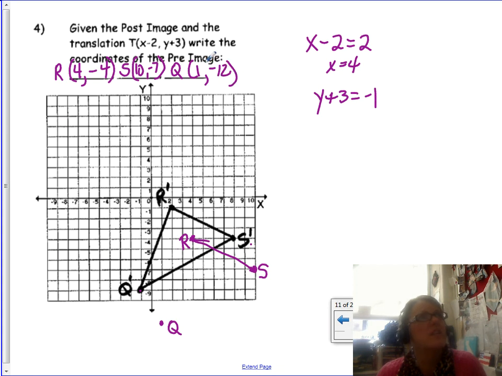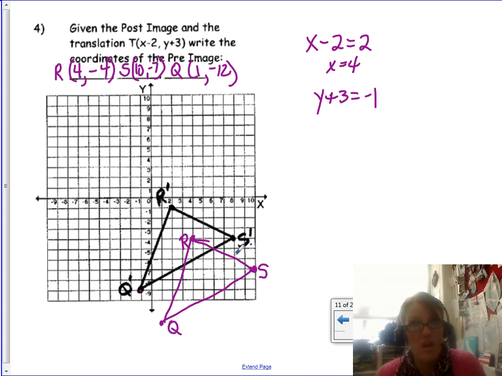And let's try it. If I put in a 1 and subtract 2, I get -1. And that's this point. Yes, -1. And then if I add 3 to -12, I get -9. Yep, that's right where that point was. Here's what the pre-image looked like. And I had to work backwards there.